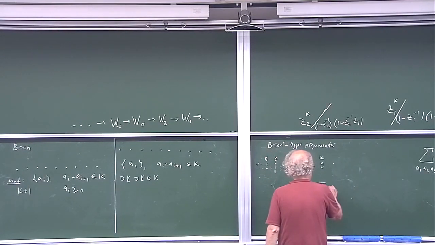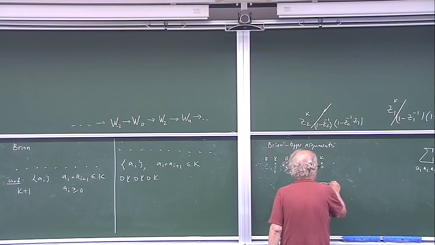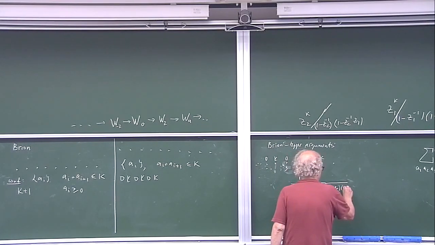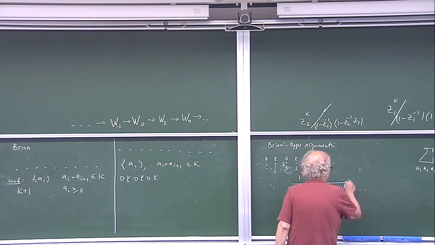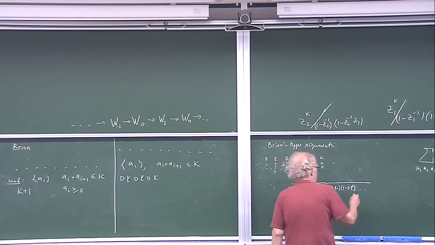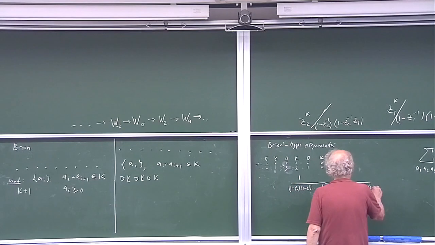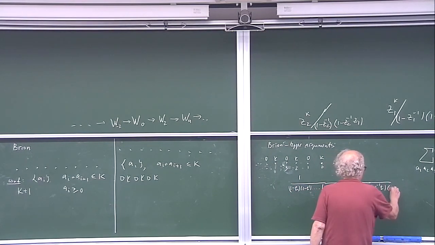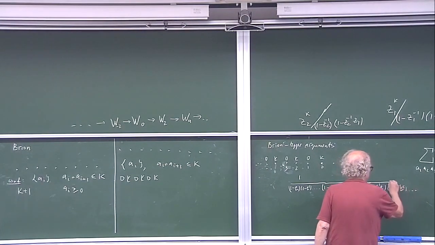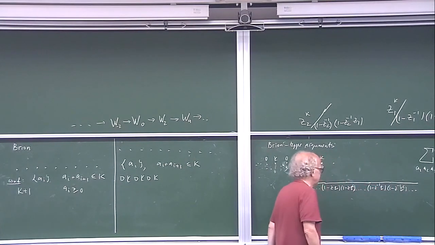Then it will be 1 minus zq, 1 minus zq square, and so on till infinity, and also 1 minus z inverse q, 1 minus z inverse q square, and so on till infinity.